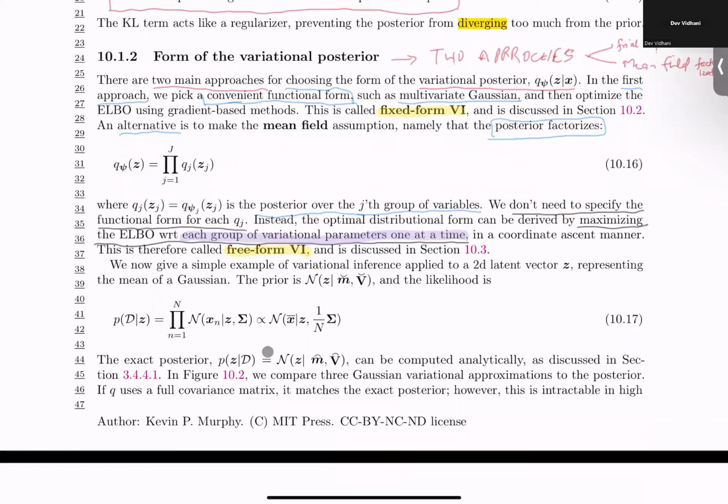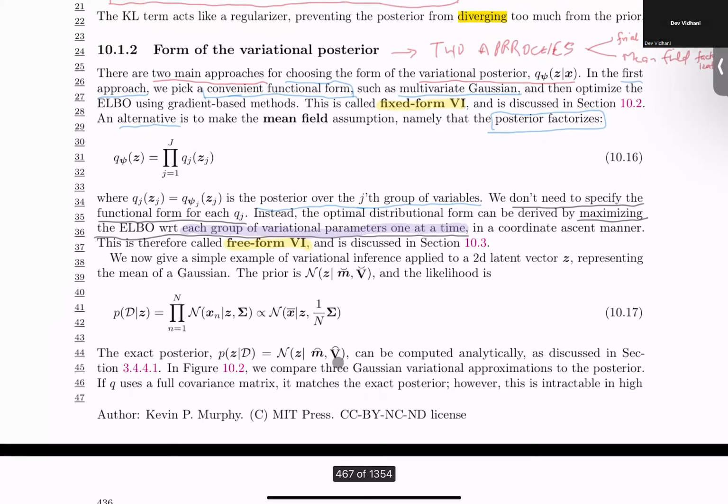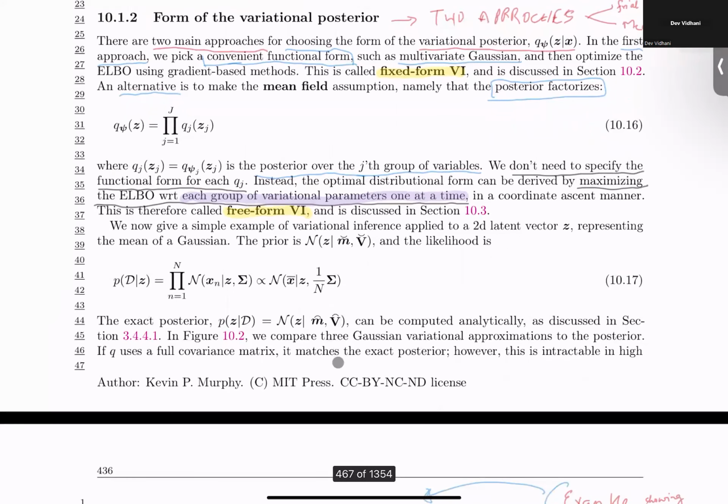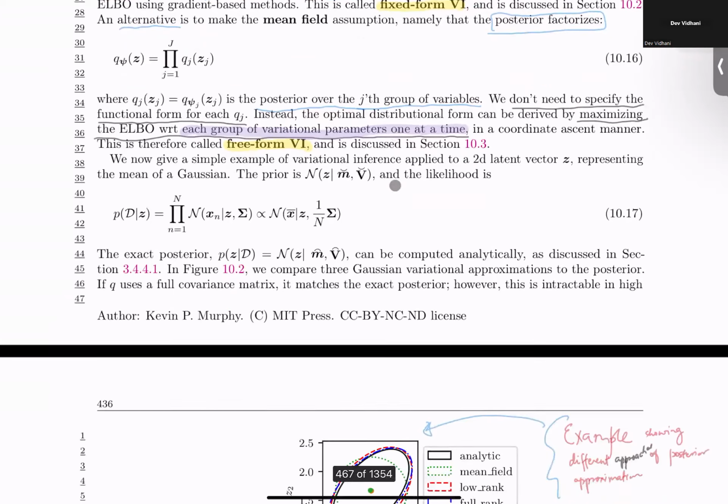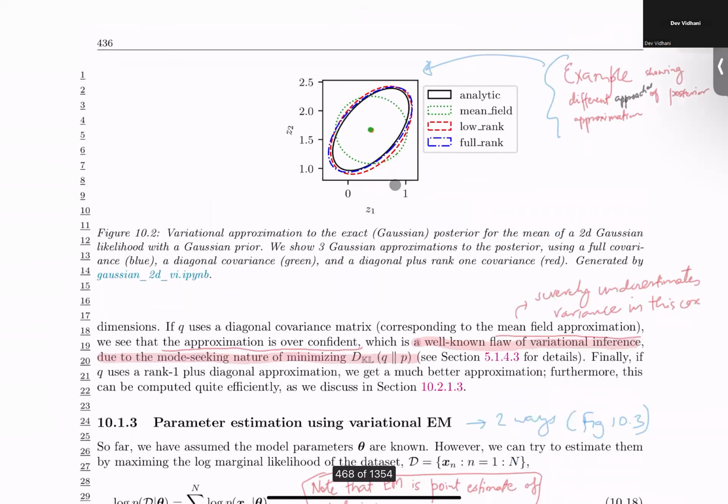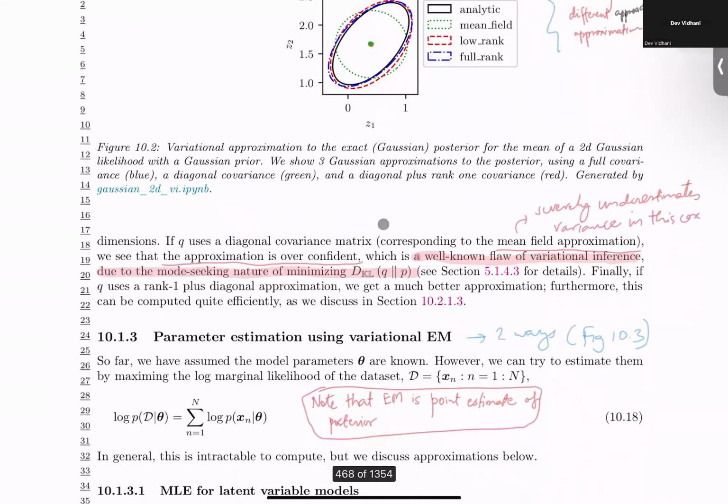So for independent parameters, you can have a product of those to get the actual likelihood for your data given the Z. And we'll cover the free form in detail, which is also called the mean field assumption. We had looked at this in the last meeting, so I'll skip this one.